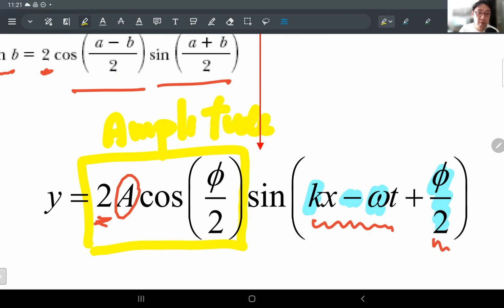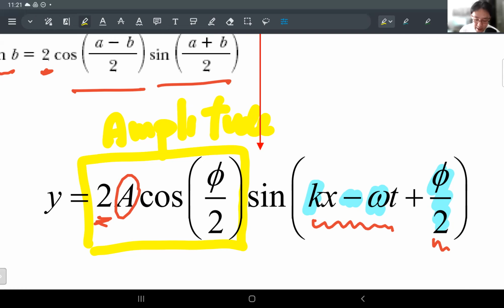You can calculate the new amplitude by substituting whatever values in here: 2A cosine phi over 2. If you can get these numbers out, that is the amplitude of the resultant wave. That is done.